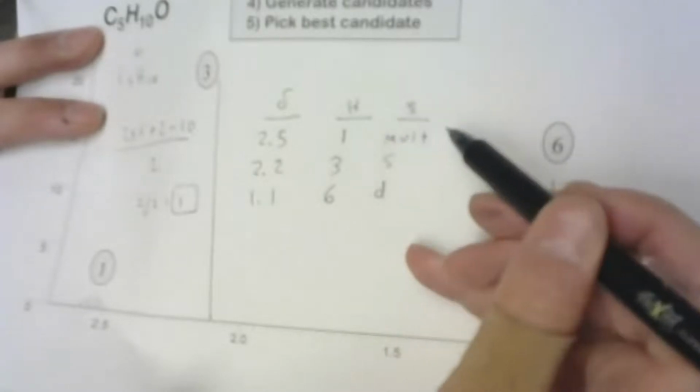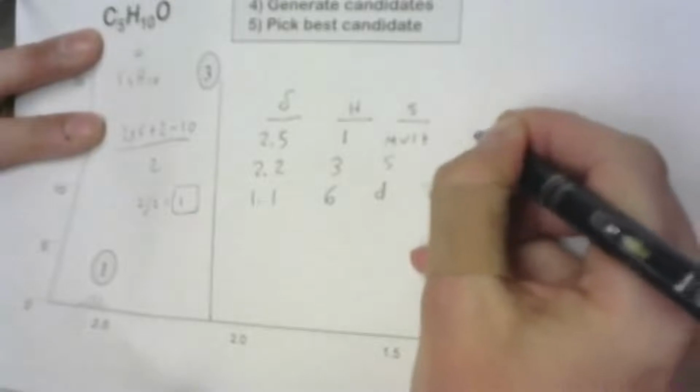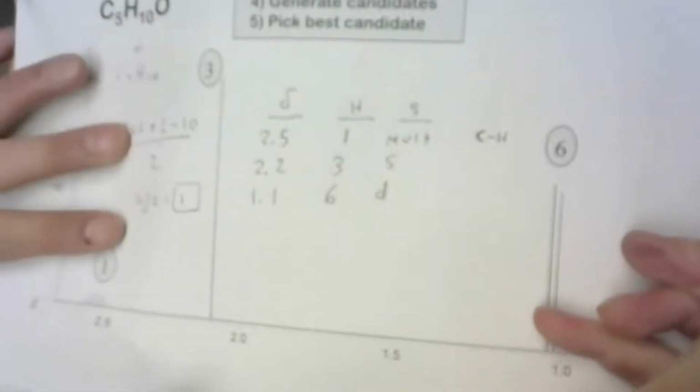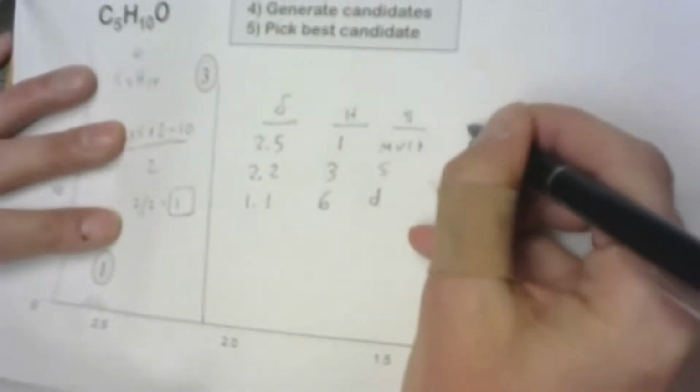If it's a CH, how many other things are on that carbon? Carbon loves to have how many bonds total? Carbon loves 4 things on it. So there's a CH, which means there must be 3 other things on it, and I'm going to draw those with little squigglies, attachment points.